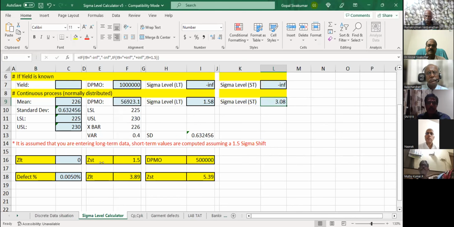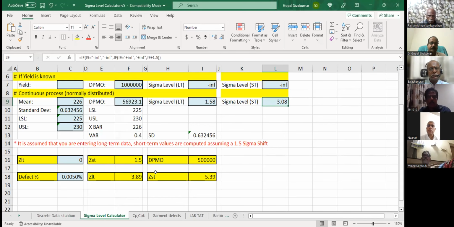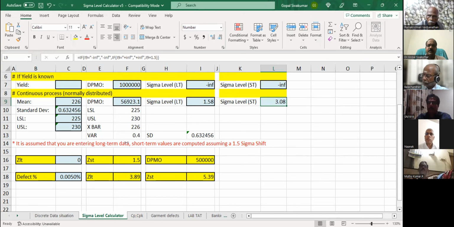Whatever RK sir has sent earlier, everything is captured here. And at least first be familiar with this Excel file. Yes, sir. This is version 5, is it? RK's template will have many features which you might require at a later stage, or if you could understand, you can use it right now also. Anybody practicing, or should I move to the next question?